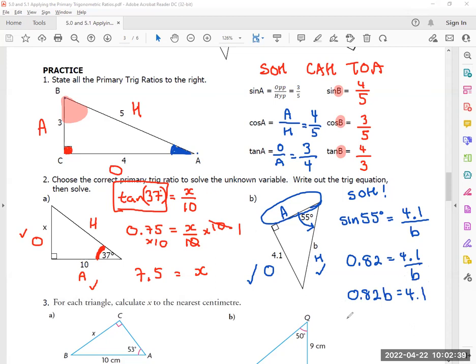And then, how do I get B all alone? We can divide both sides by 0.82 because right now there's a multiplication.